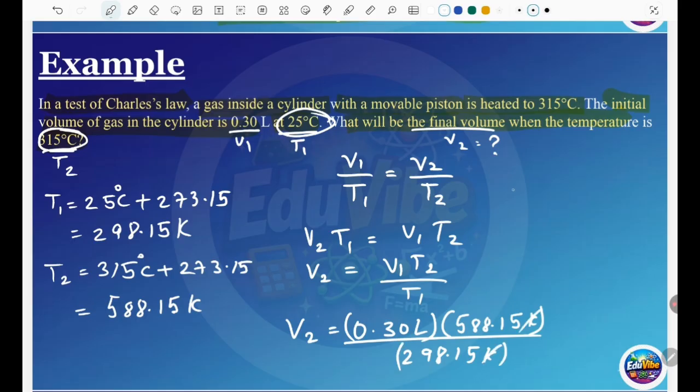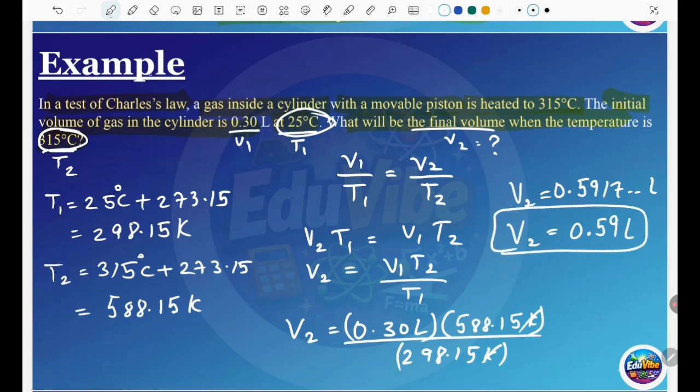Kelvin cancels, and you get V2 in liters, which is about 0.5917 liters. Rounded, this is 0.59 liters. So this is your volume. That's how you find the volume when the temperature is 315 degrees Celsius. This is the final volume.